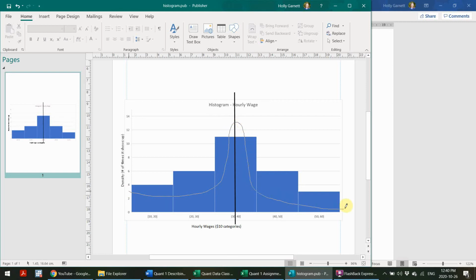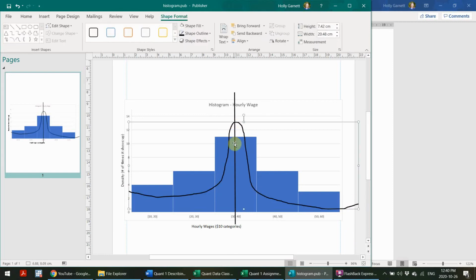So most people tend to be close to the $35 an hour. Now, what does that mean for society? It means a lot of people tend to be making close to $35 an hour, a little more, a little less, but the bulk of the people are close there. So that low standard deviation says something about most people doing pretty well for themselves.